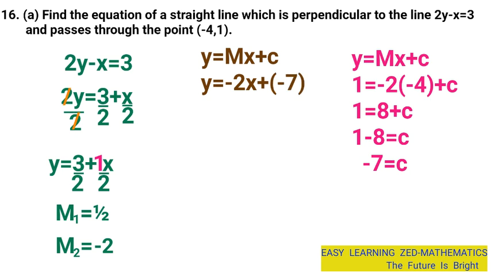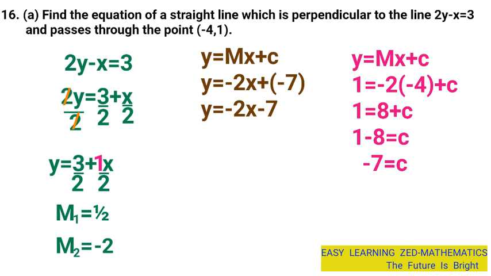Remember, we are adding. When we multiply the positive by a negative, we're going to get a negative. So the answer there is -7. So the equation will be y is equal to -2x minus 7.